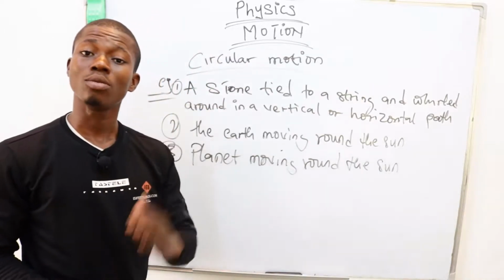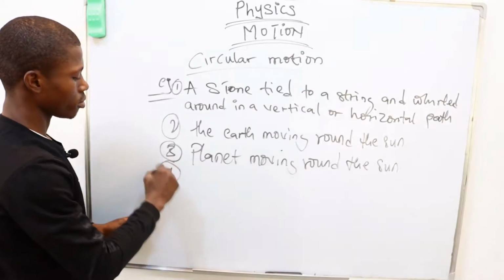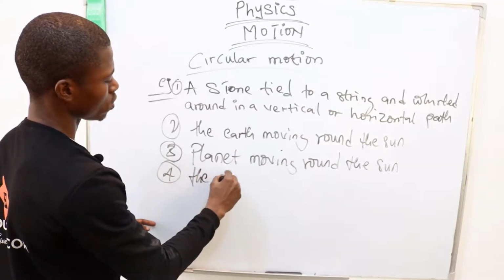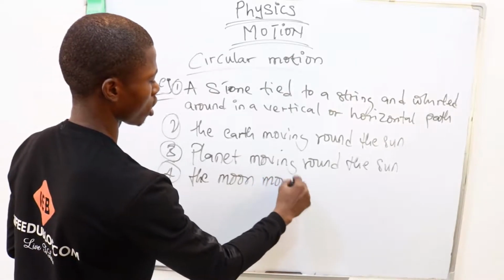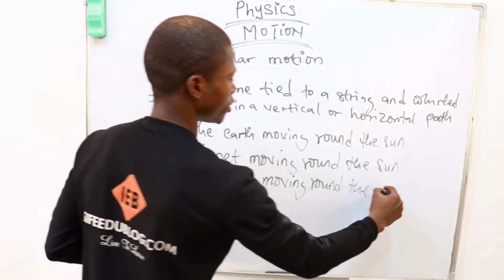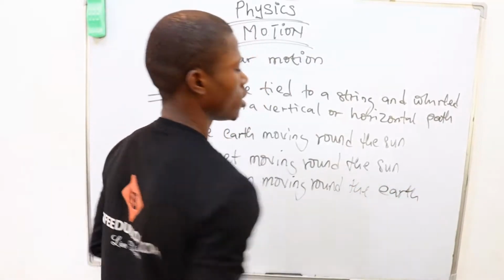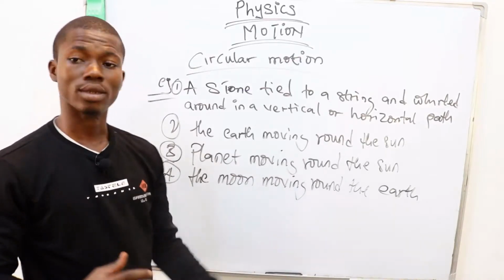Then another one, the moon moving around the earth. Let me say this is number 4. The moon moving around the earth. Then another one is also the satellite moving around the earth.